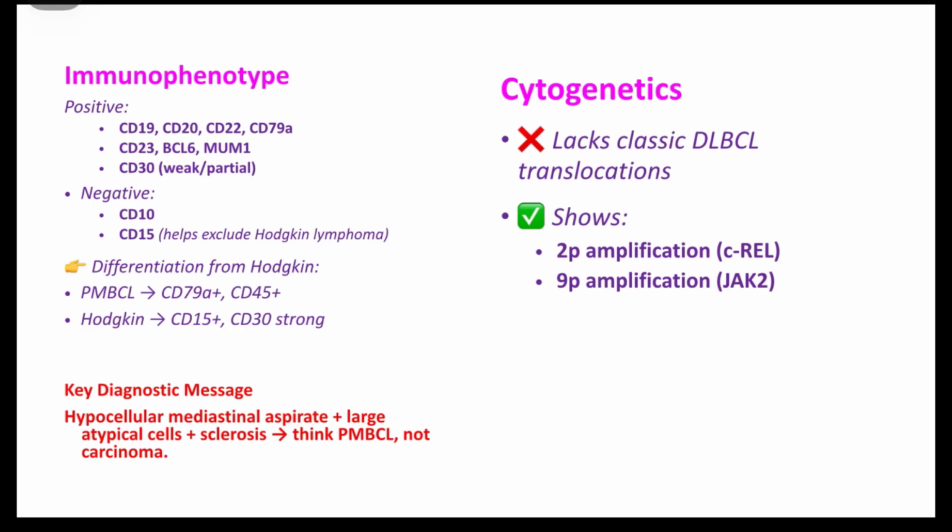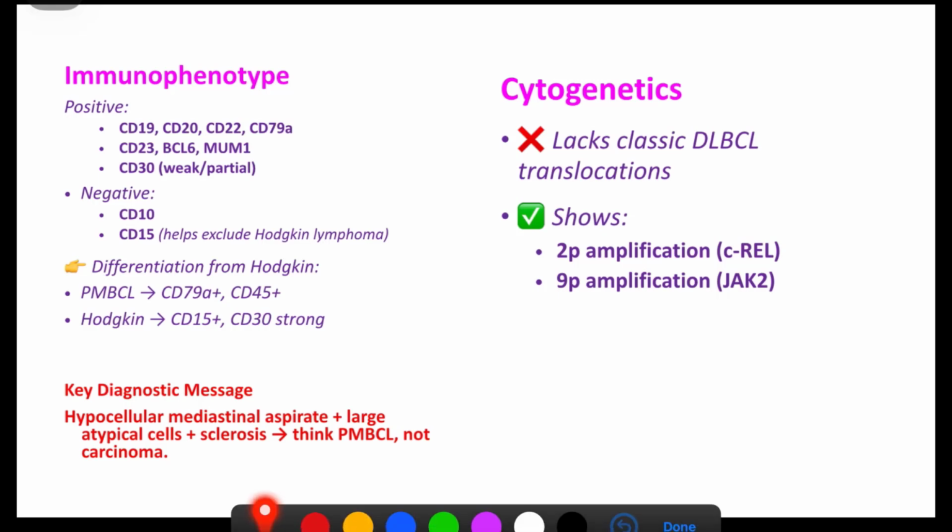Now, immunophenotype: we see CD19, 20, 22, 79A, 23, BCL6, MUM1, and CD30 is very weak or partial. Negative markers include CD10 and CD15, which helps exclude Hodgkin's lymphoma. So, if there is CD79A or CD45 positivity, this is the PMBCL category, and if CD15 positive and CD30 strong, it is Hodgkin's lymphoma.